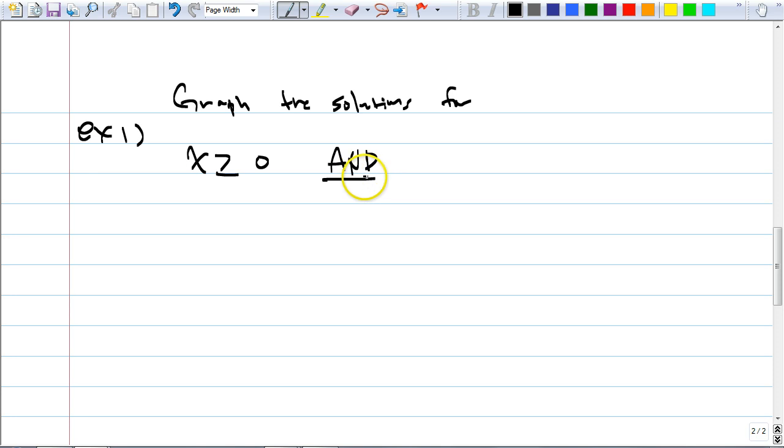There's another word we could use instead of "and," which is "or." That's next time, okay? It'll look different. Can you guys graph this? This is called a compound inequality. Compound just means more than one, so we have more than one inequality. What would this look like? Everybody go ahead and try.